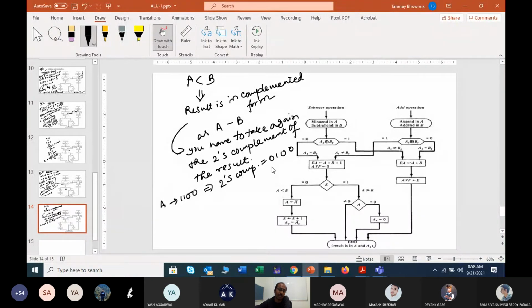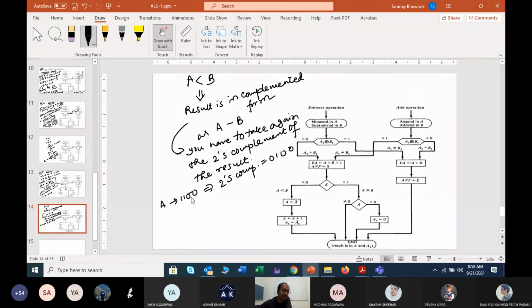What is the logic of calculating the 2's complement directly from any number? You start from the right hand side and check which digits are there. Until you observe any one, you simply write the digits, that means the zeros.